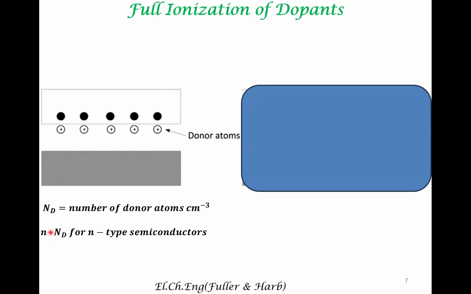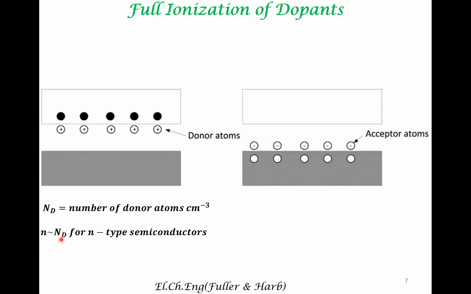Why are we saying approximately? Because in addition to the electrons that you obtain from donor atoms, you would also have electrons due to thermal excitation from the valence band to the conduction band. So as a good approximation, n is equal to Nd.